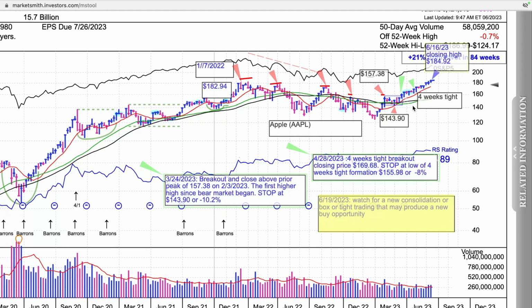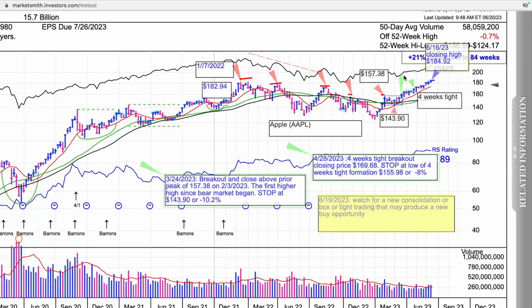Now, something else that happened just this past week, on the 16th of June, right here, the stock closed at 184.92. Now, if you'll notice all the way back over here, back in January of 2022, the intra-week high price was 182.94.